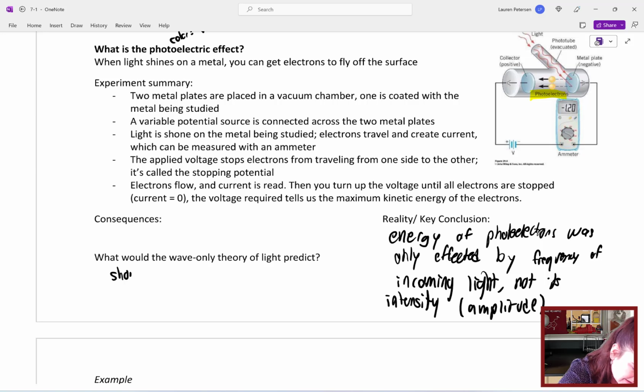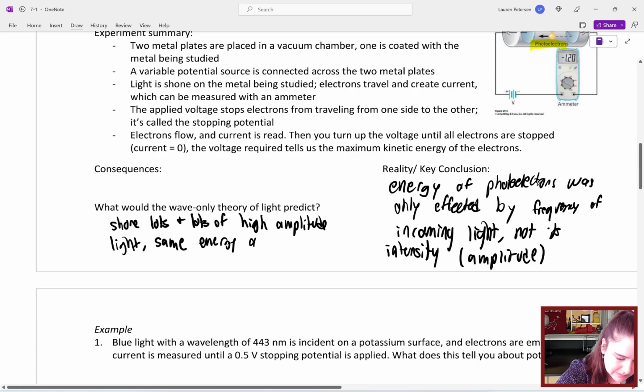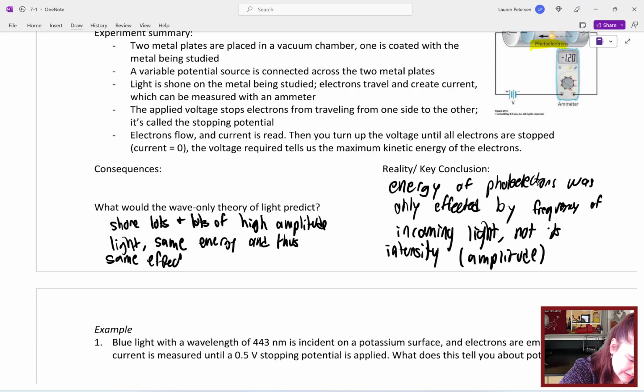If we shone lots and lots of high amplitude light, it would have the same energy and thus the same effect as a lower frequency light. But that just doesn't happen.